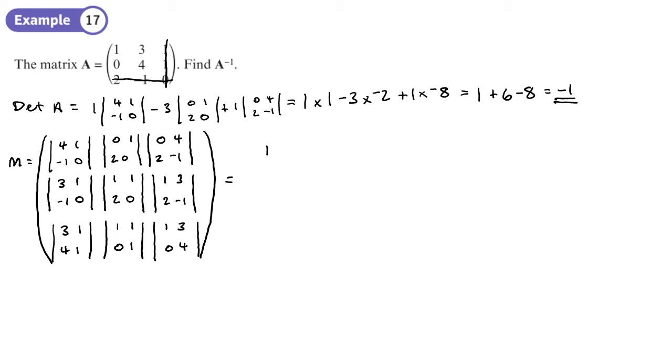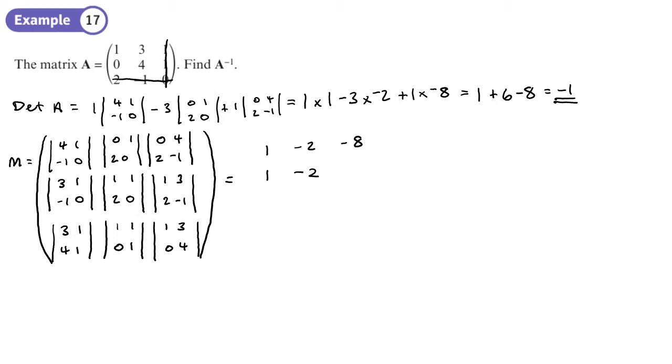The second minor, 0 minus 2, so it's going to be minus 2. The third minor is going to be negative 8. The fourth minor is going to be 1 because you'll have 0 minus negative 1. The next minor is just going to be negative 2.